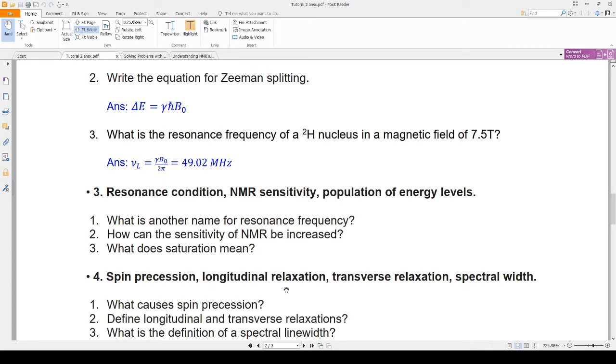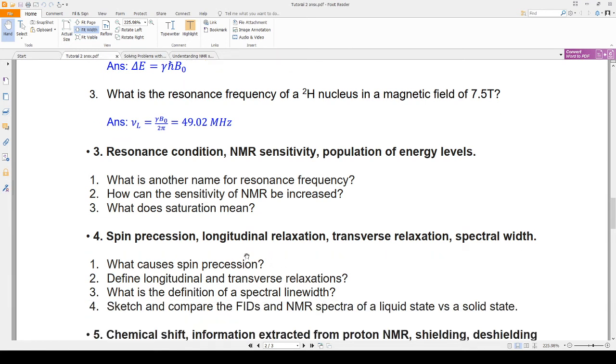So what causes spin precession? This is when we talk about the relaxation process. Remember that the precession happens when you have the nuclear spin exposed to an applied magnetic field. Because of the nucleus angular momentum, it actually precesses.